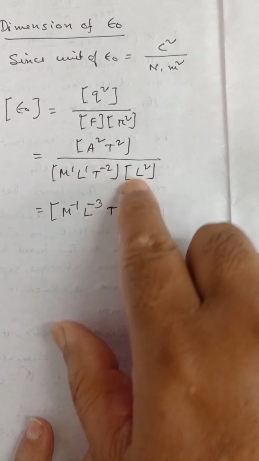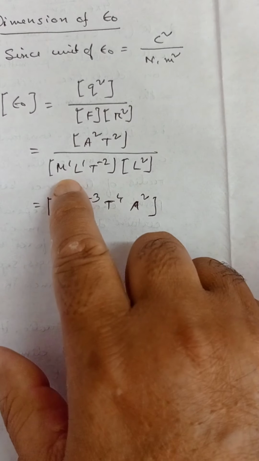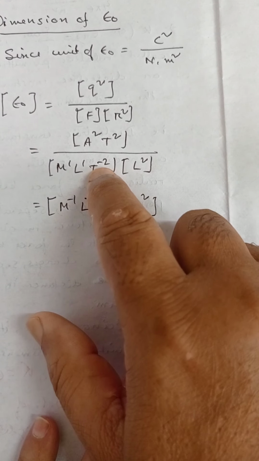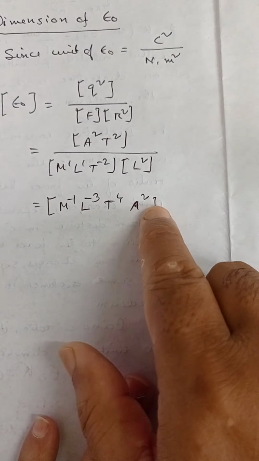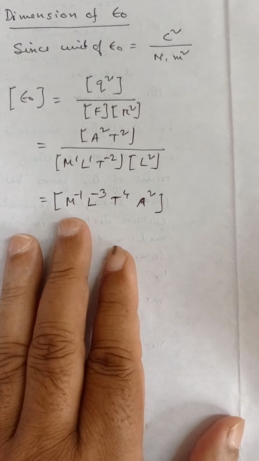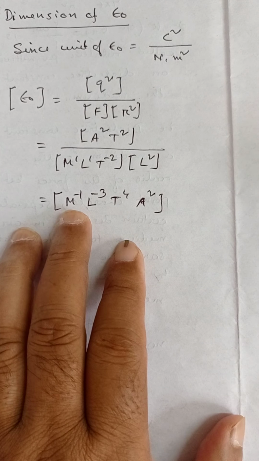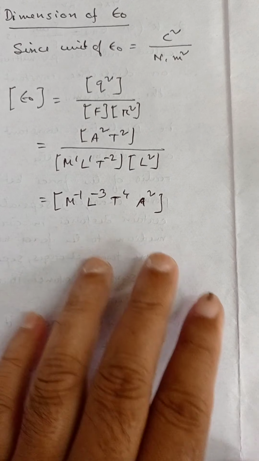R square means distance square. Therefore, M to the power minus 1, L to the power minus 3, T to the power 4 and A square. So this is the dimension of permittivity of free space: M to the power minus 1, L to the power minus 3, T to the power 4, A square.